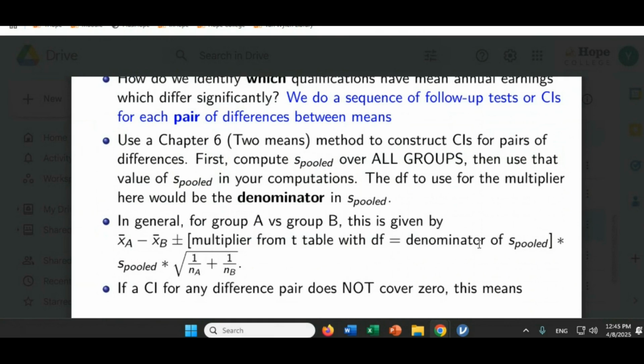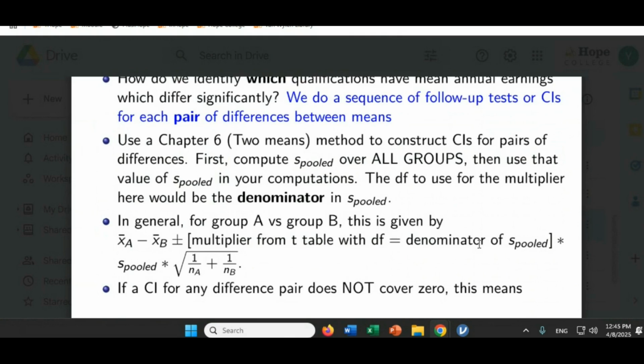There is one thing I want to point out. Notice that the S pooled here is our old S pooled from when I told you to copy down the answer. Who recorded what S pooled was? Can you tell me what it was? 30 something. What was it? Thank you. 33 point something. Yes, that's right.